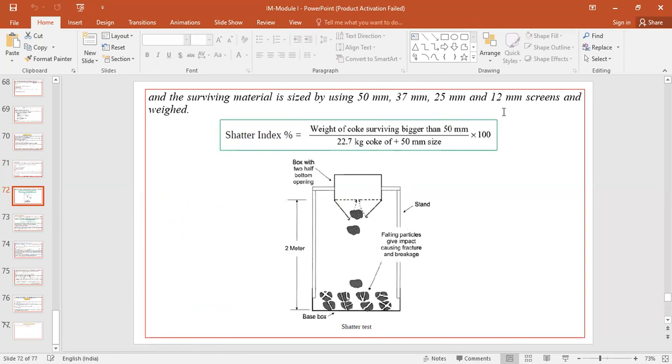Then we do the screening, and we can find the shatter index of the particular coke using this formula: the weight of the coke surviving bigger than 50 mm divided by the total amount of coke, into 100.